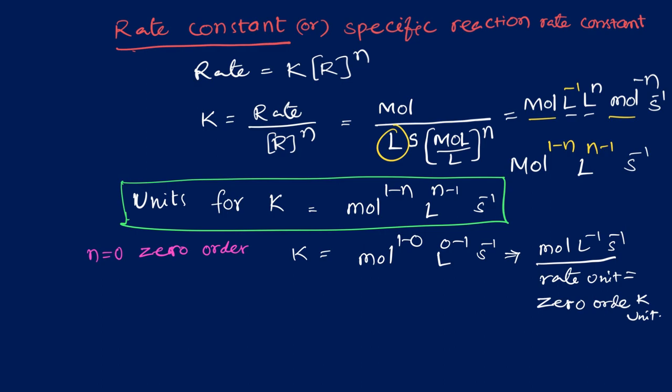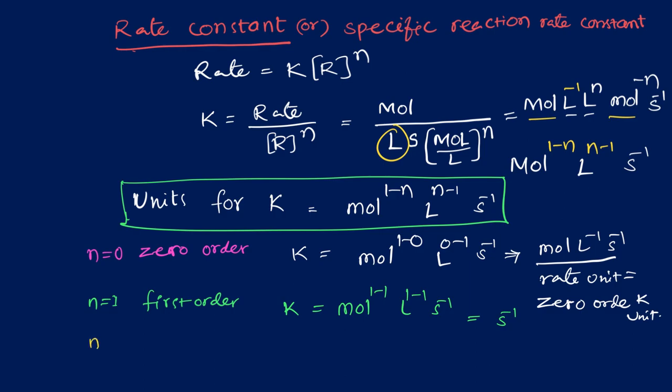Next, n equal to 1, that is called first order reaction. K is equal to mole 1 minus 1, liter 1 minus 1, second inverse. So 1 minus 1 is 0, any power 0 is 1. Therefore 1 into second inverse, that is second inverse.